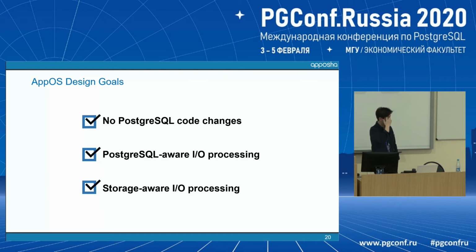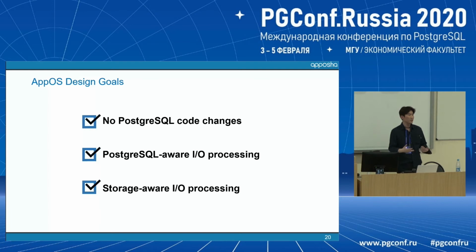When we first designed this extension, we kept three goals in mind. The first is that we try not to modify the PostgreSQL code, because if we modify PostgreSQL, that means we are making a new database, right?